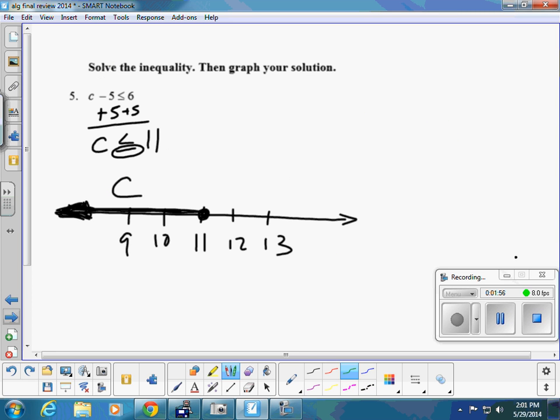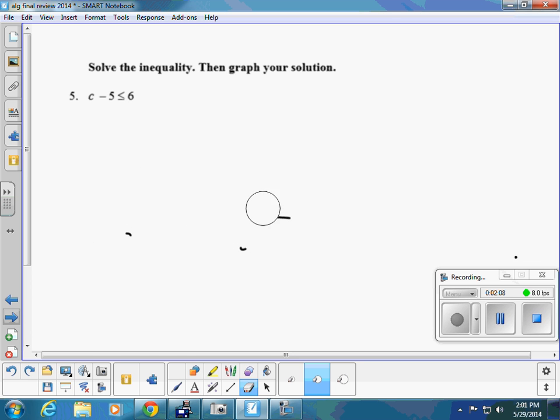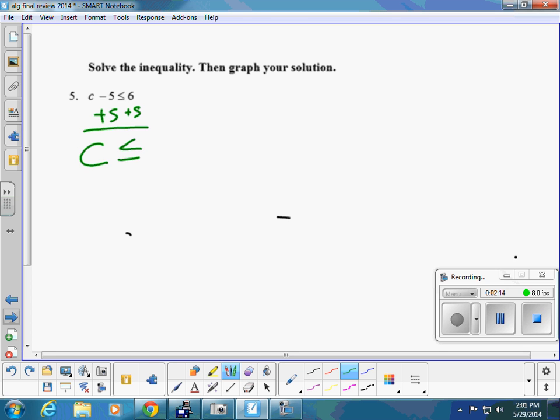Number 5 is a pretty quick question. You're going to add 5 to both sides, and let me erase this here. Add 5 to both sides, and you're going to get C is less than or equal to 11.